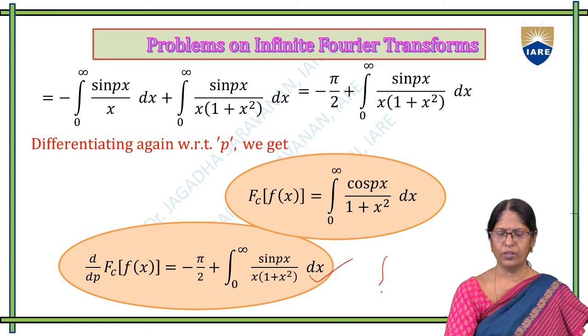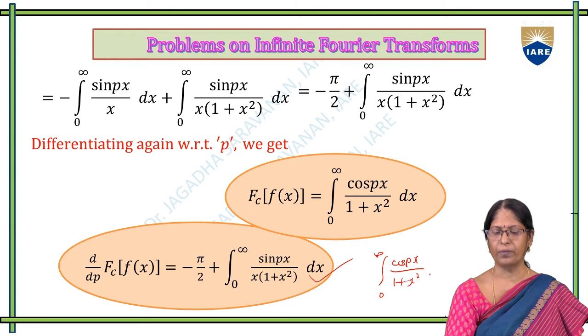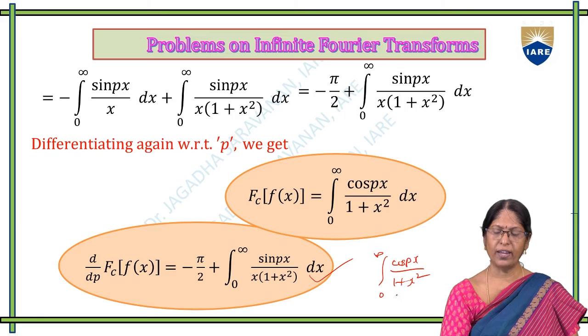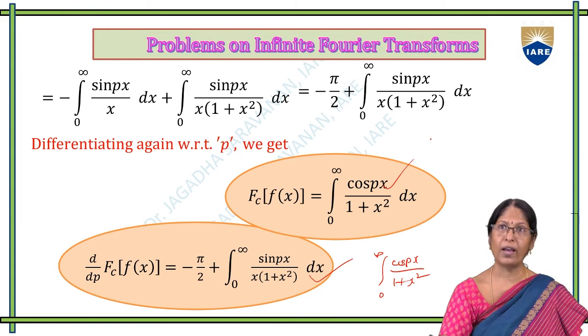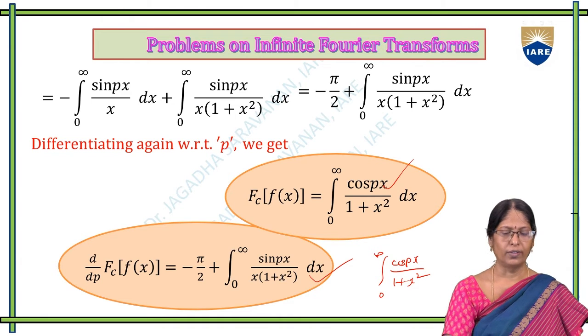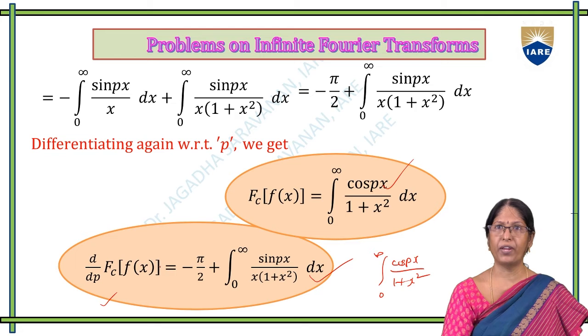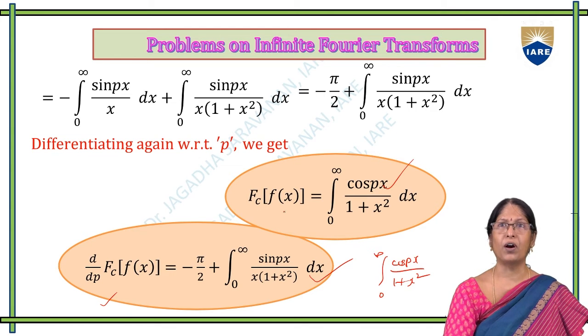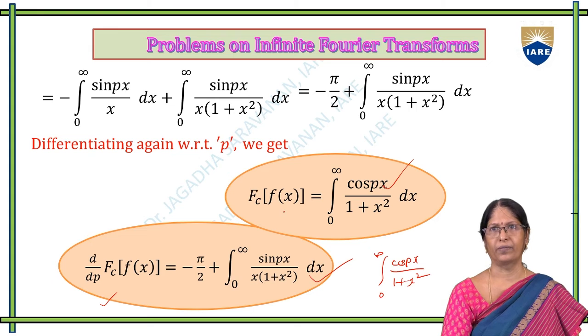We got it 0 to infinity cos px by 1 plus x square. So the second derivative, it's nothing but we are going back to our question. So this is the second derivative which is equal to fc of f of x.